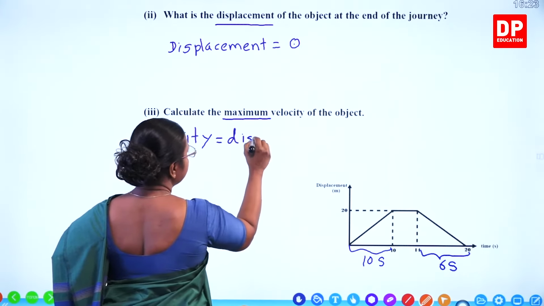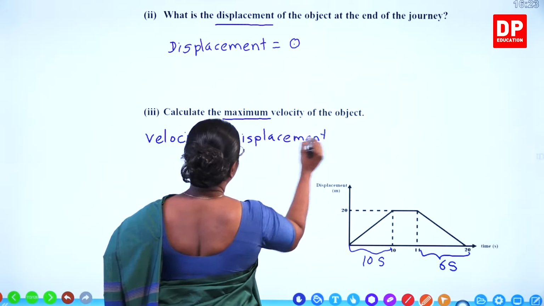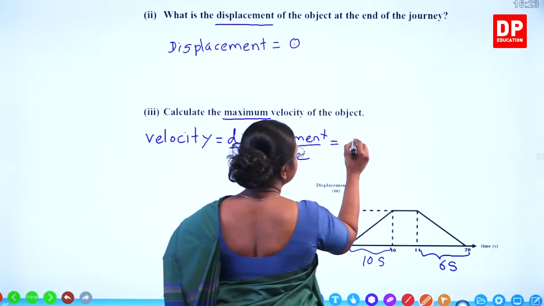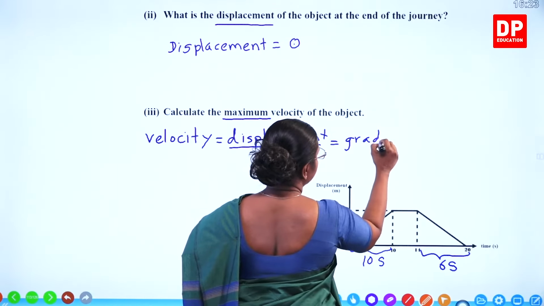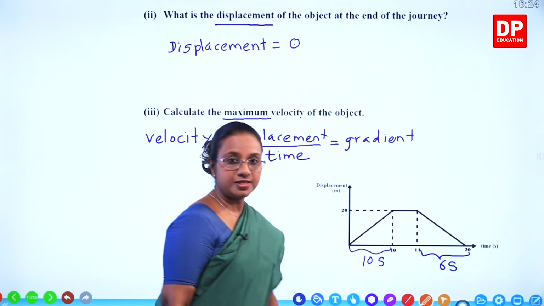So that is displacement over time, which is the gradient of this plot. The gradient of this plot.